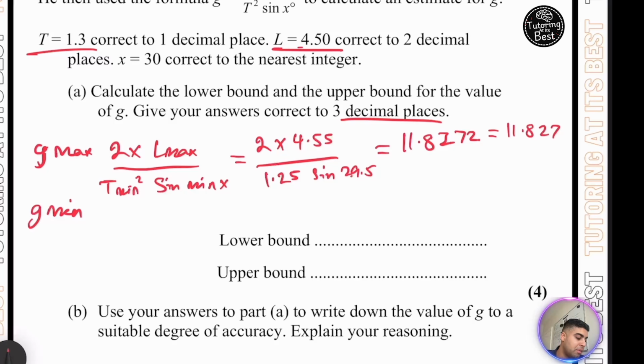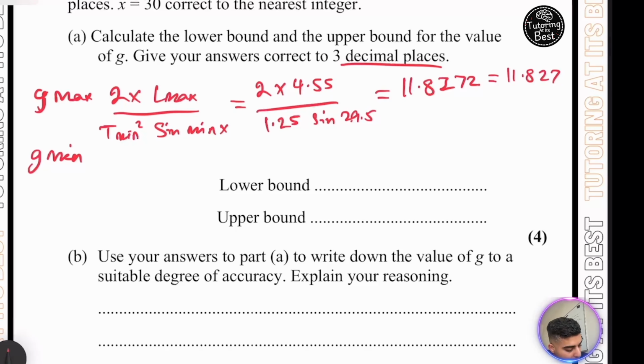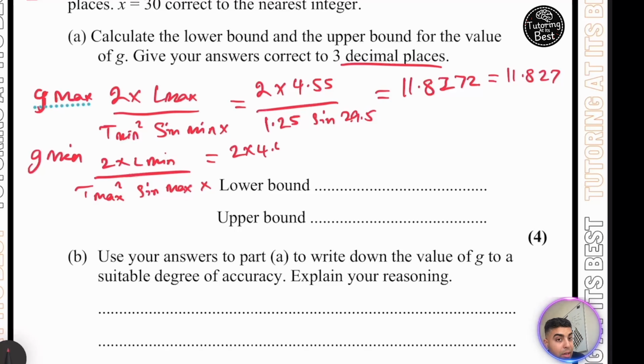We're going to do the same for our minimum now. Okay, so 2 times L min over t, and this time we're going to get our max squared, and then we get our sine max for x. This will be the same as saying 2 times 4.45. Remember that, we're getting the minimum of the lower bound. 1.35, and that's the upper bound, right?